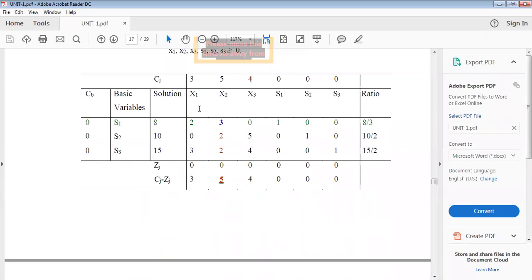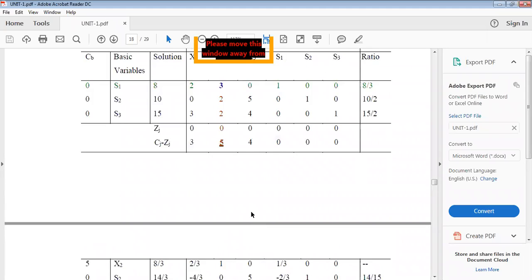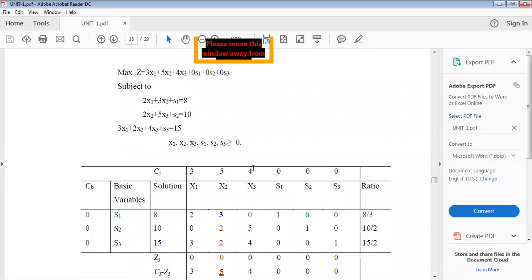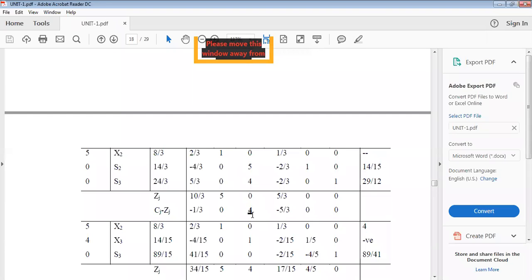You have these elements, isn't it? 3, 5, 4. So 3 minus here, it is 10 by 3. 3 minus 10 by 3 becomes minus 1 by 3. 5 minus 5, automatically 0. 4 minus 0, it is 4.